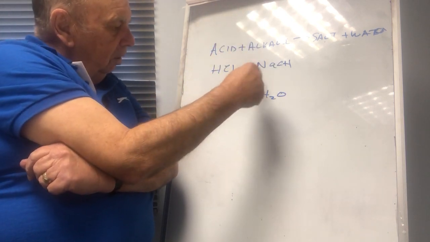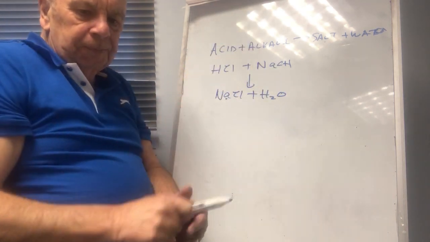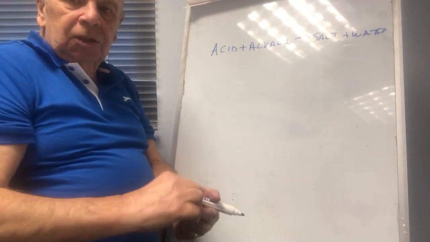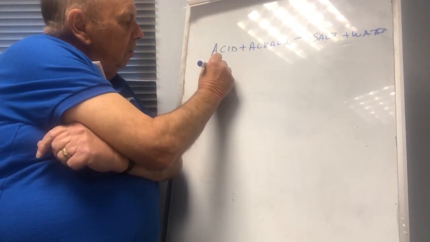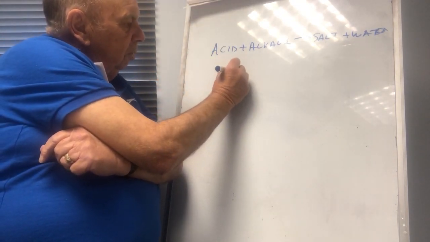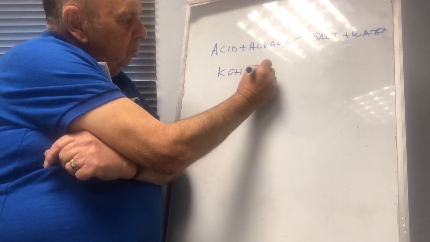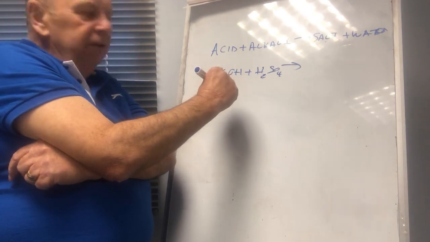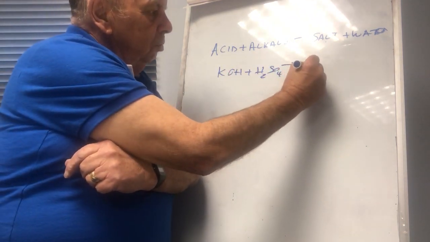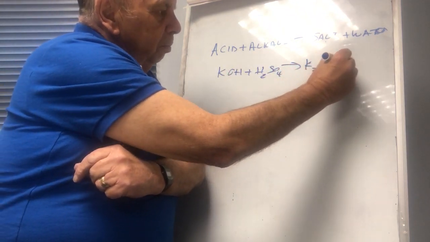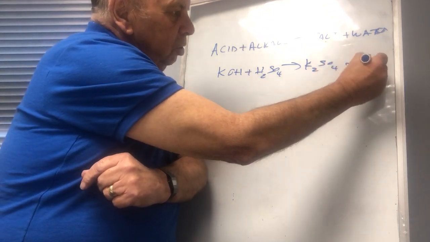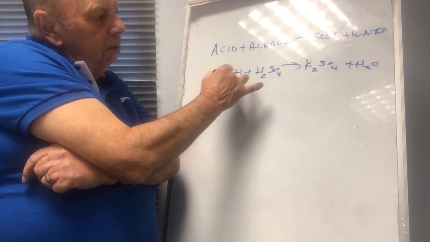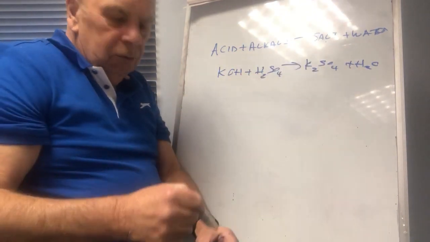Acid, alkali, salt, water. And let's look at another one. Suppose I've got potassium hydroxide plus sulfuric acid. It's going to give me K2SO4 plus water, H2O. Again, acid plus alkali gives you salt plus water.